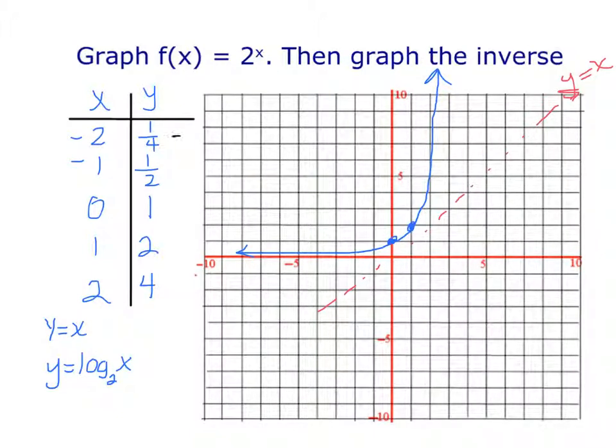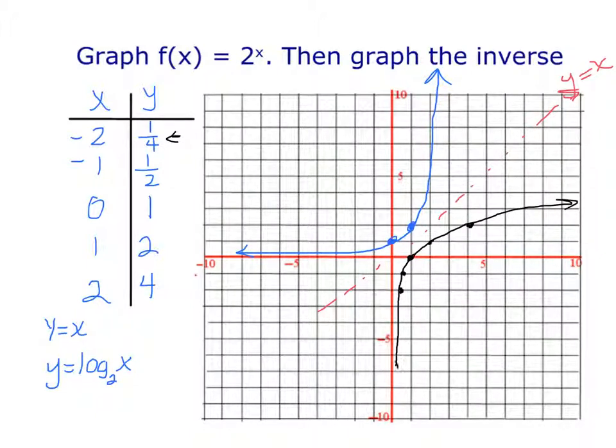So where this said -2, 1/4, I'm going to go over 1/4 and down 2. On the next one, I'm going to go over 1/2 and down 1. I'm going to do 1, 0 instead of 0, 1. I'm going to do 2, 1. And I'm going to do 4, 2. And draw in the same.